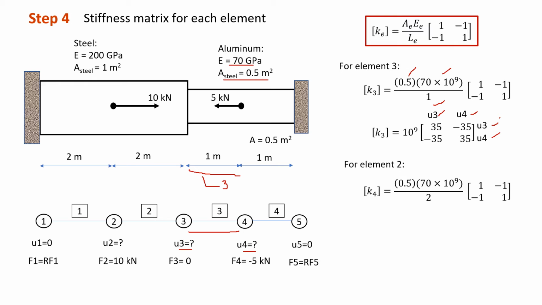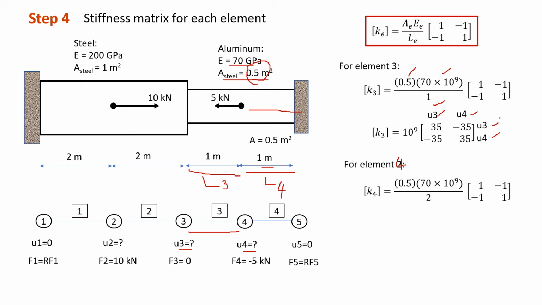While for element 4, I'm sorry, here is number 4. Element 4 is also coming from the aluminium bar. So it's made from aluminium, 70 gigapascal, A still the same, 0.5, and the L for element 4 is 1 meter.